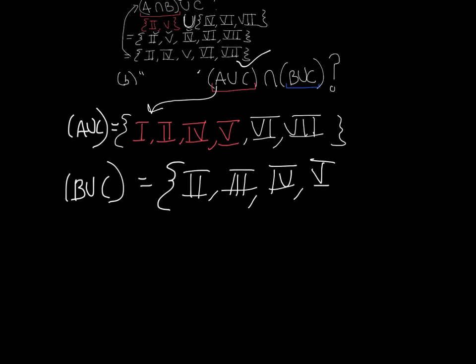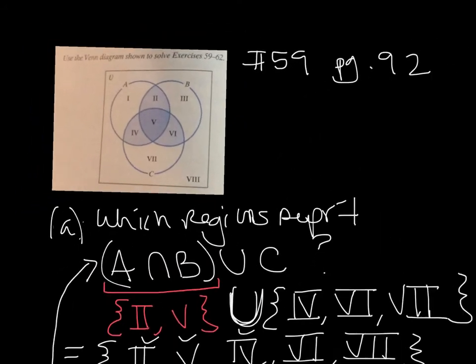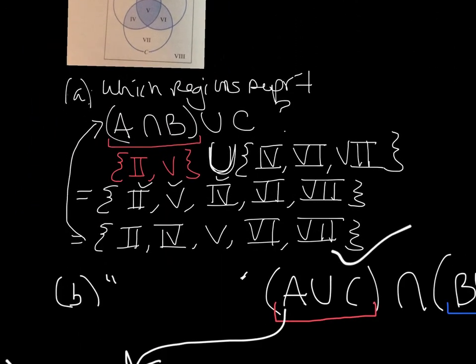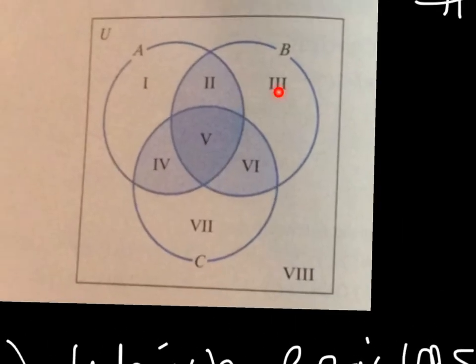it with C. So what is C? We already did B, so what's C? Well, it's right here. And again, look at that 4 and 5. We don't have to repeat it. So we're just adding 6 and 7.